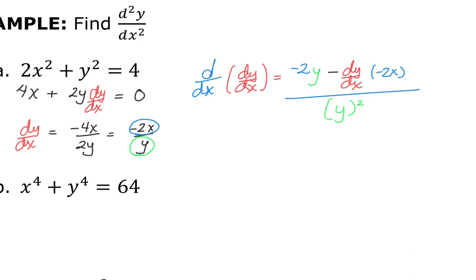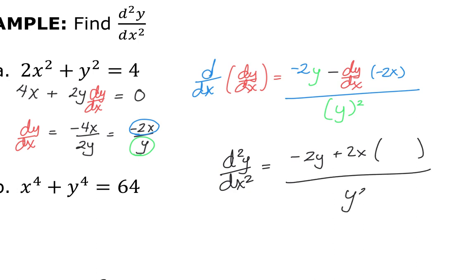This is why we have to take the moment to solve for dy/dx, because d2y/dx2, the second derivative, is (-2y plus 2x dy/dx) over y squared.